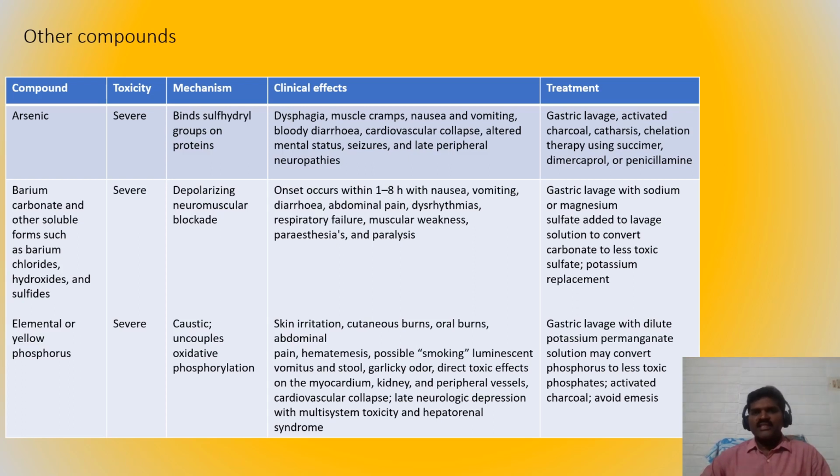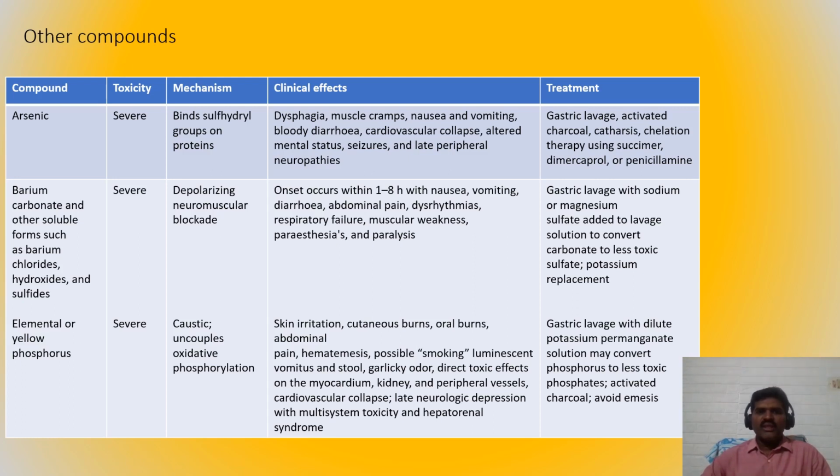Treatment includes gastric lavage, activated charcoal single dose, catharsis, and chelation therapy using either succimer, dimercaprol or penicillamine will be effective. Barium carbonate and other soluble compounds of barium: barium chloride, hydroxides or sulfides of barium. Toxicity manifestations are severe. Mechanism is by depolarizing neuromuscular blockade.